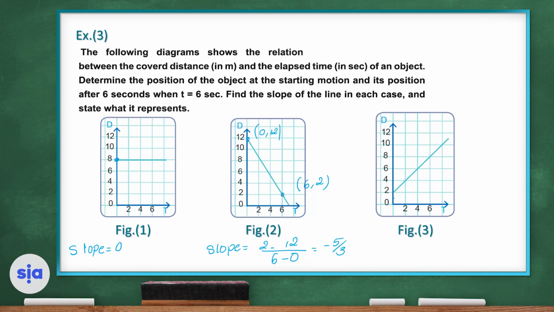In figure 3, it's (0, 2) and (6, 8). So the slope here equals (8 minus 2) over (6 minus 0), then the slope is 1.